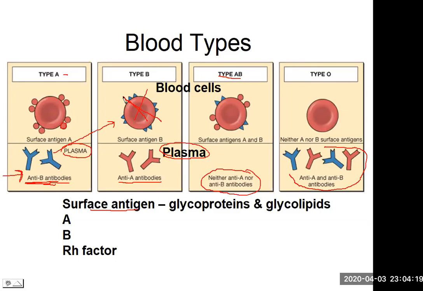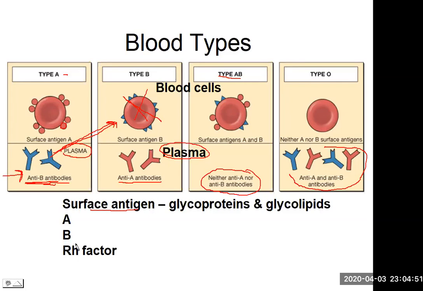And if this B type cell was introduced into the A type person's body, the anti-B antibodies would target that and attack and destroy that cell. That's when blood typing comes to be very, very important. There are certain types that could be safely donated, and other types that would be very harmful if donated, even fatal, of course.